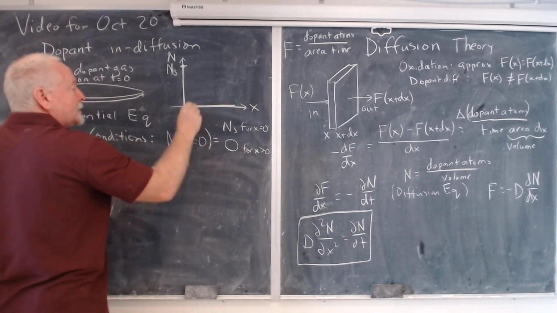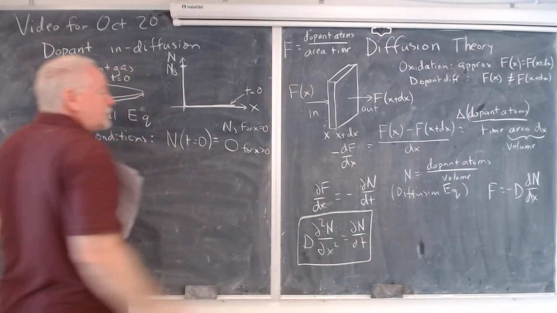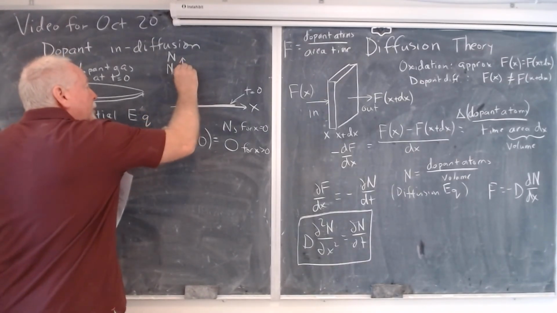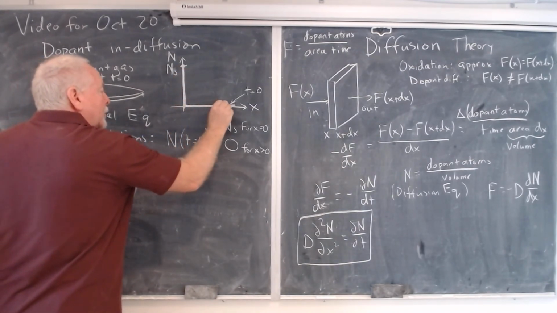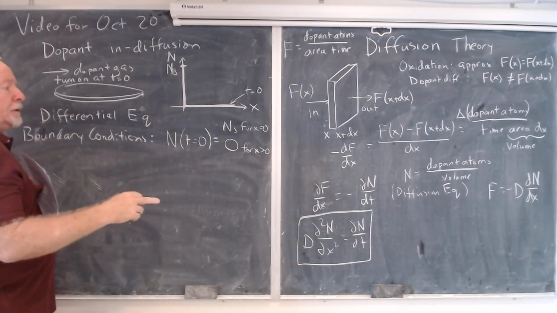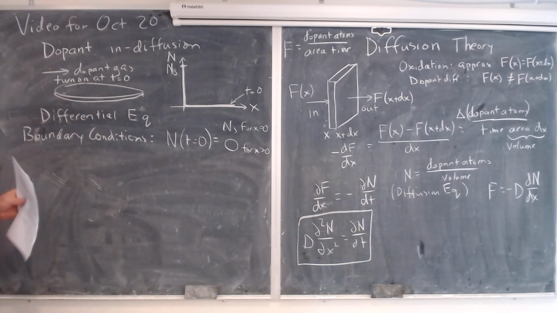All right, this is t equals 0. It's a funny boundary condition. It has to be N sub S at x equals 0, and it has to be 0 everywhere else. So that's pretty funny.